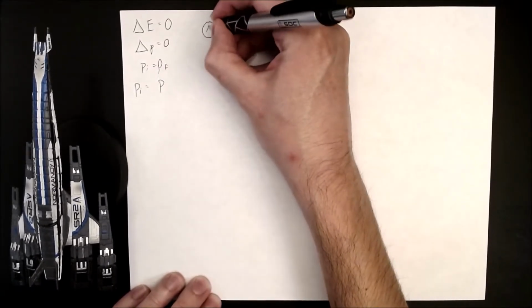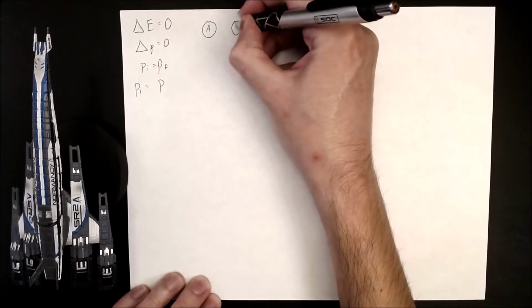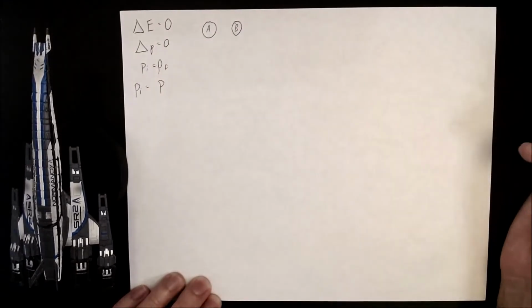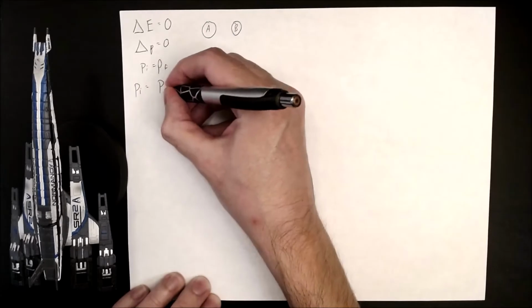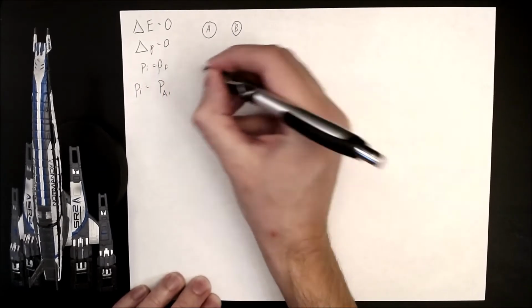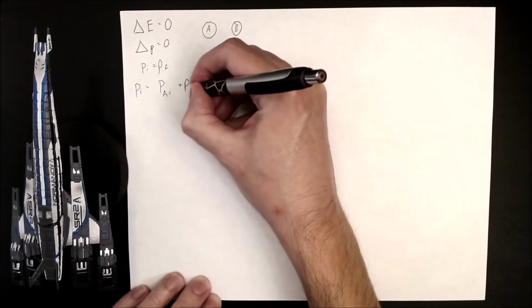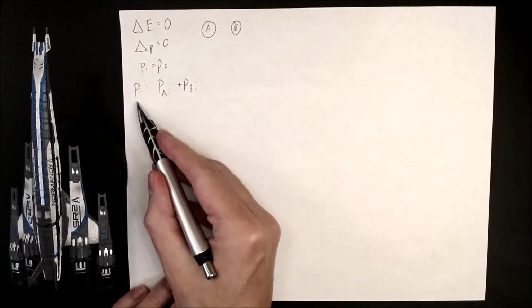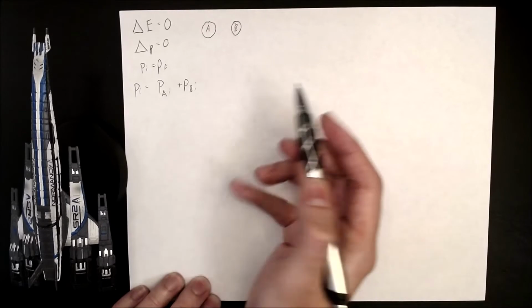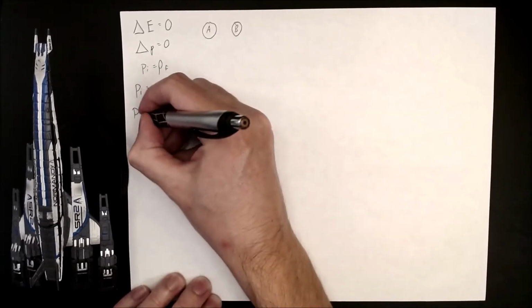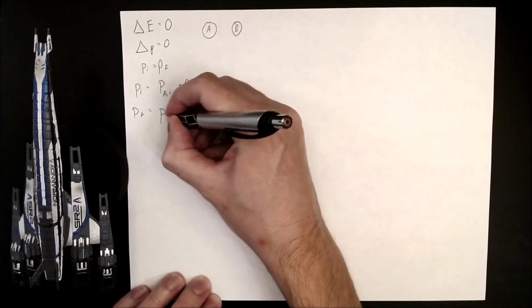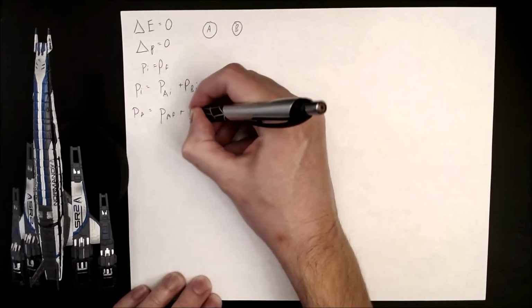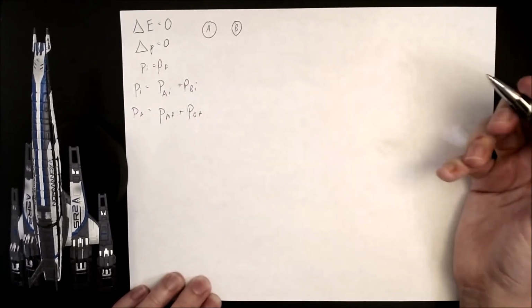If there's one billiard ball hitting another billiard ball, I guess we can name them A and B. So this is momentum of A initially plus momentum of B initially. That's going to be our total initial momentum, just the two momenta put together. Our final momentum will be momentum A final plus momentum B final.